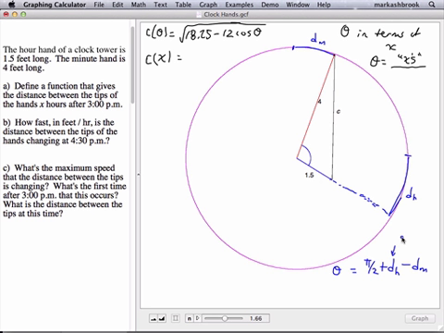How far in distance? 1/12 of the whole circle. So 1/12, and what's the whole circle? 2 pi, and what's r? 4.